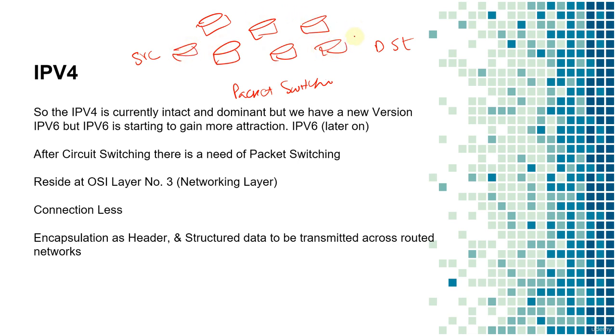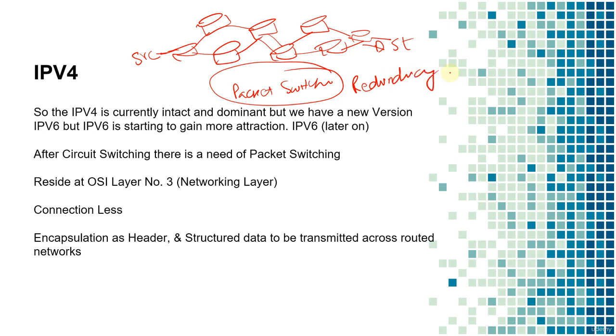This is the source, this is the destination. My data will travel from this source and could either take this path to reach the destination, or take this path. It means packet switching has multiple redundancy involved in between, which is a very handy concept.